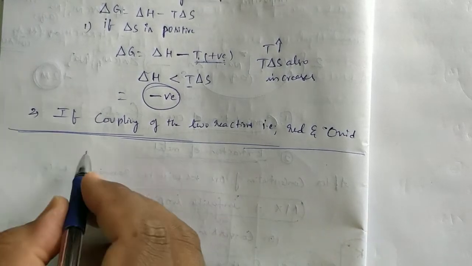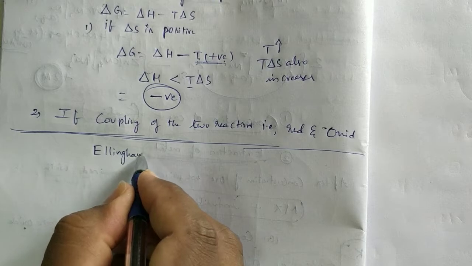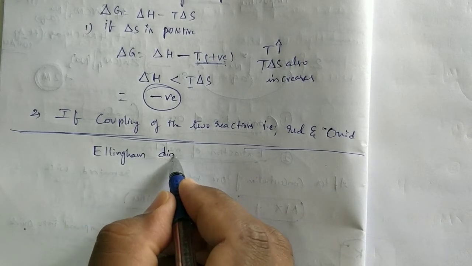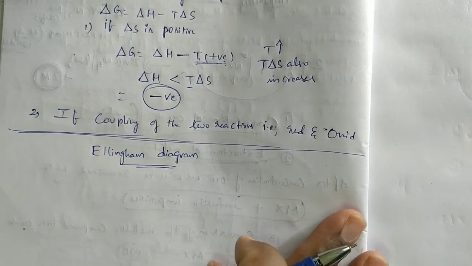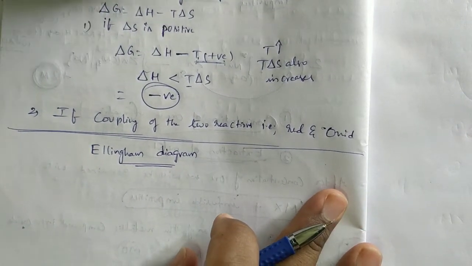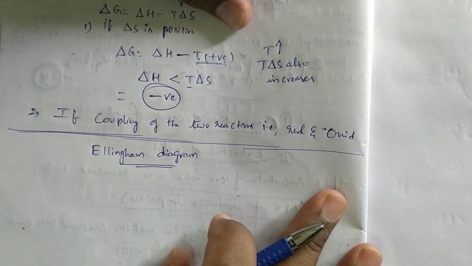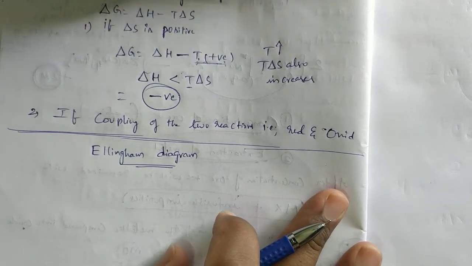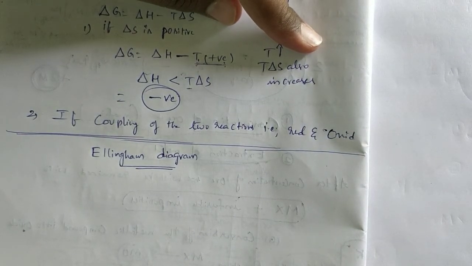All these things will be known to us by using the diagram called the Ellingham diagram. Before going to that, I want to explain a little bit for you. After that we will explain the Ellingham diagram, which is very important for NEET and CBSE also.